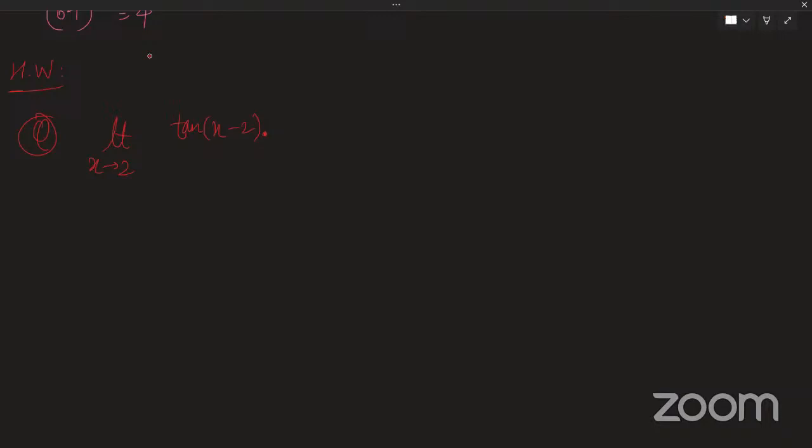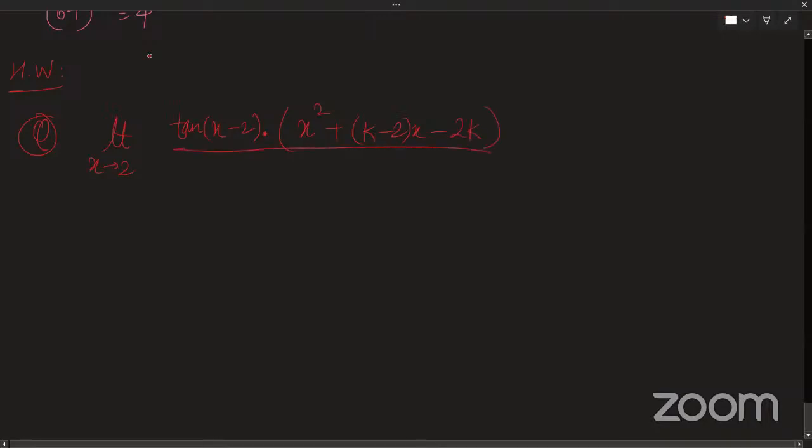So you have got the limit as x tends to 2 of tan of (x minus 2) multiplied by (x square plus k minus 2x minus 2k), whole divided by x square minus 4x plus 4.